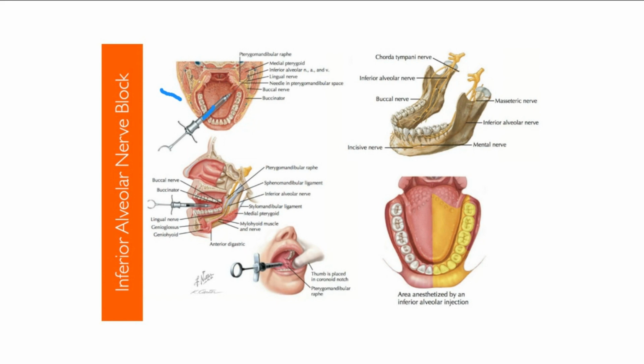Find the middle and then go a little bit closer toward the pterygomandibular raphe. And you go up with the needle, and you will ultimately go like this. You will go toward the mandibular foramen, right above the lingula. And what are we going to get?